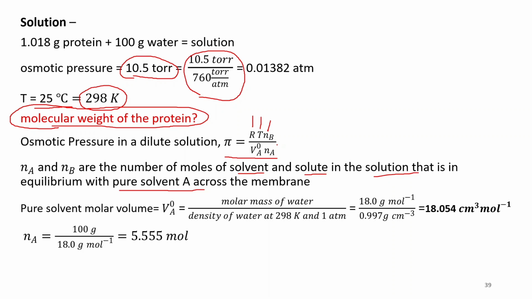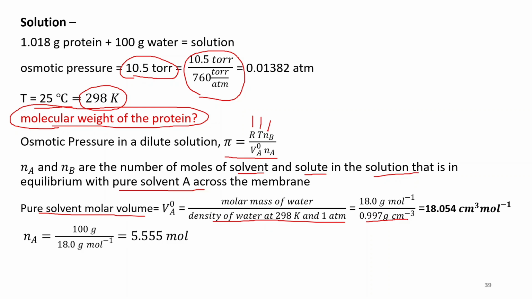First we calculate the pure solvent molar volume, Va naught, which equals the molar mass of the water divided by its density at 298 Kelvin and 1 atm pressure. The molar mass of water, H2O, is 2 into 1 plus 16 into 1, which equals 18.